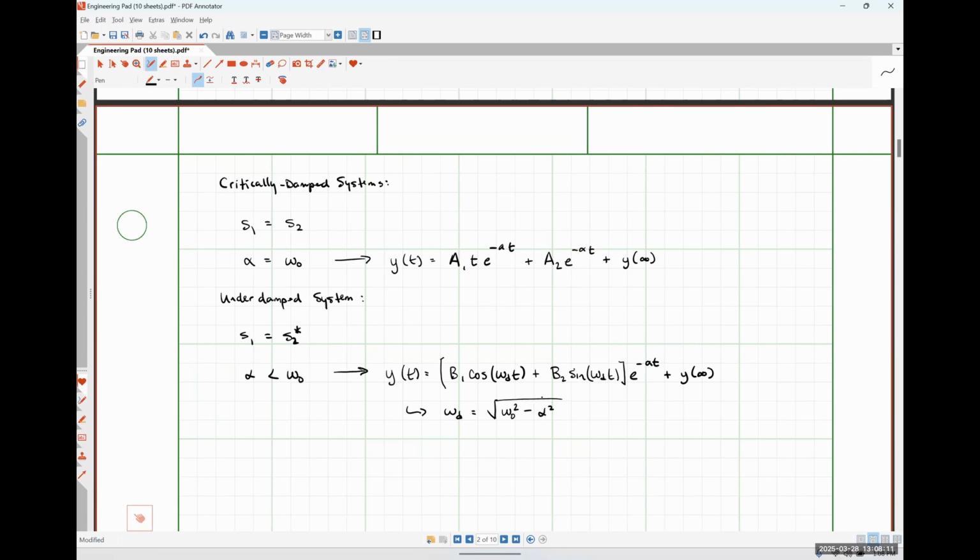Just for what it's worth, I'm going to point something out here that you guys all actually already know, but it's not intuitively obvious. B1 cosine omega d t plus B2 sine omega d t could be expressed as a single sinusoid, okay? I'm not going to do that in this class. I'm always going to express it as the sum of two sinusoids with no phase angles as opposed to a single sinusoid with a phase angle.